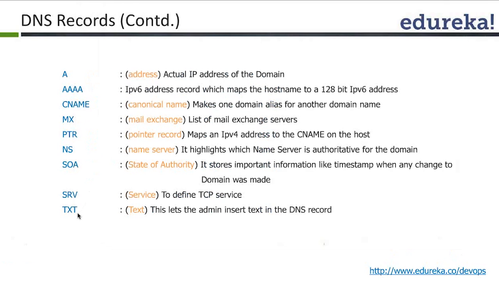Okay. Then, so now this is a new class. I personally haven't used this. But in future, when we create a DNS record for IPv6, we will have these 4 A's.